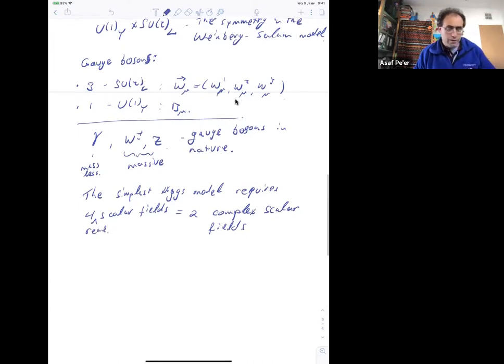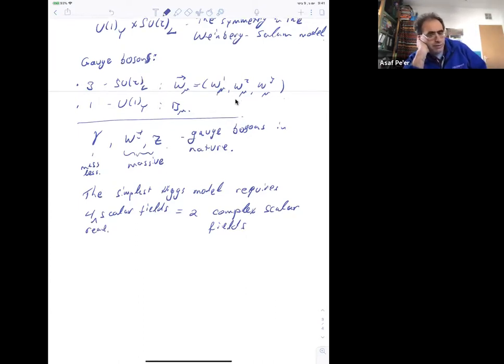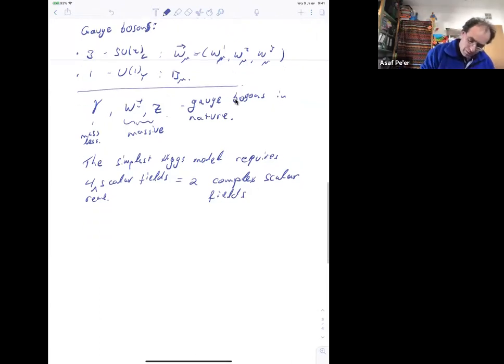In order for the scalar fields to break the symmetry, of course, they must be charged under the interaction of the symmetry. So they have to go under non-trivial gauge transformation. Similar to the U1 example we already had, we're going to give the 4 scalar fields hypercharge Y. And in the SU2 left, we're going to put them in an isospin doublet, the same as we had previously.